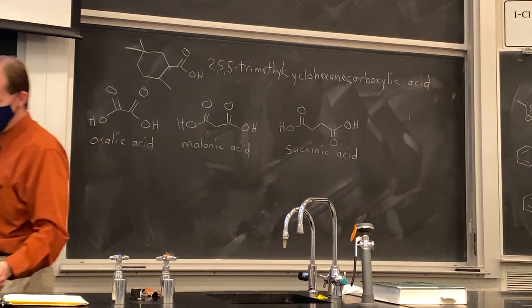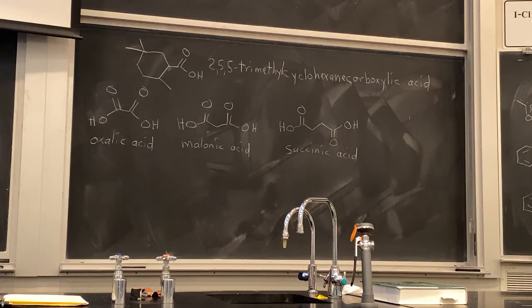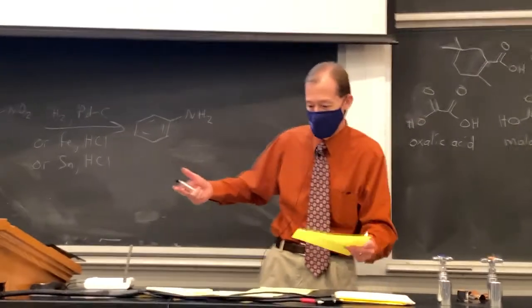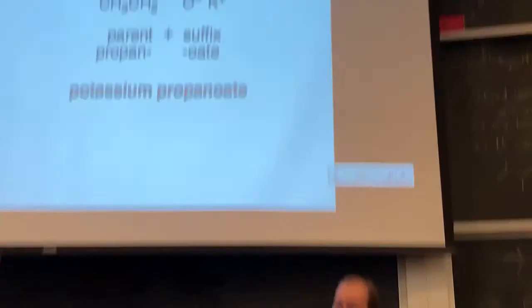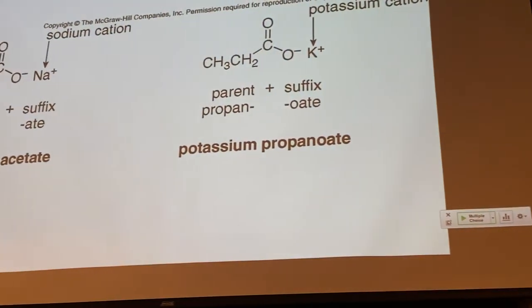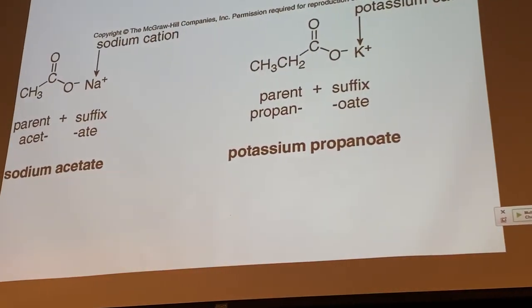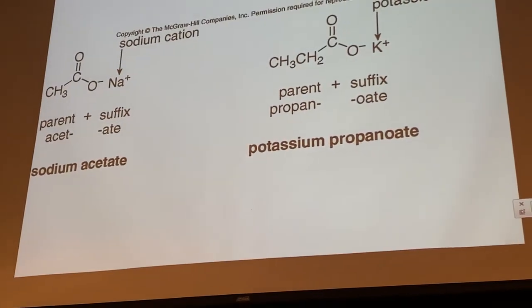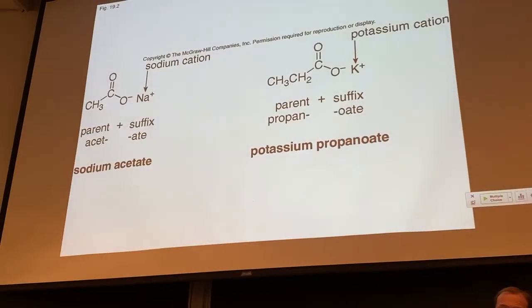And then our carboxylic acids, they are acidic, of course, and we can deprotonate them with a base, and we end up with a carboxylate group, the conjugate base of a carboxylic acid. And there's usually a counterion that comes with the base that did the deprotonating, so we end up with a salt. We usually end up with carboxylate salts. And this is how we would name those species. The cation always comes first.